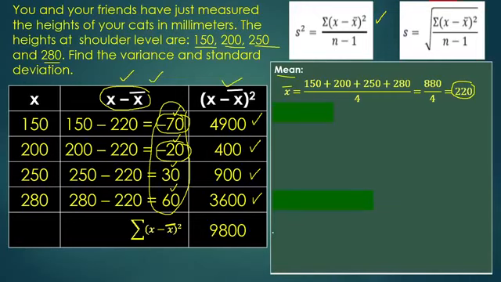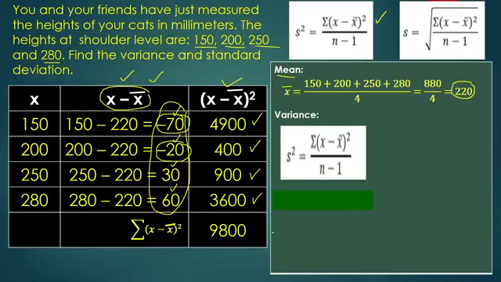That's 9,800. So let us now get the variance. The variance is simply this formula. What is the numerator equal to? 9,800.